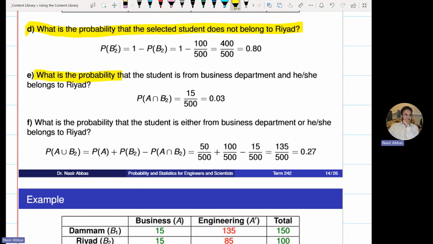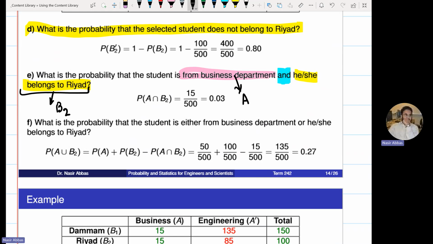What is the probability that the student is from business and belongs to Riyadh? Now, look here. Is from business, this is one of the events. And then there is a very, very, very important word, and. He or she belongs to Riyadh. This event, from business, we gave it notation A. What is this event?